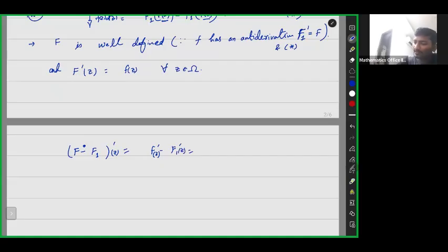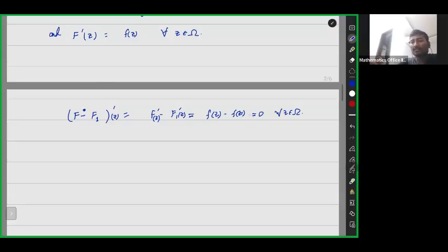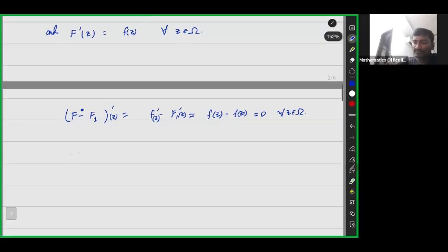But they are both the same, f(z) and f(z). So it becomes 0 for every z inside omega. And from here, what you calculate? There are only constant functions which have derivative 0. So this implies F minus F1 is a constant function.